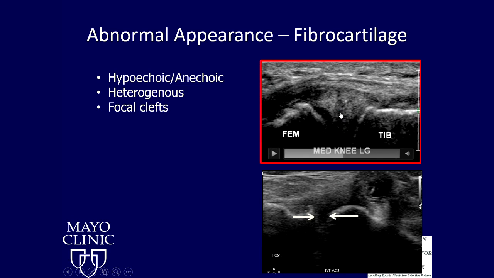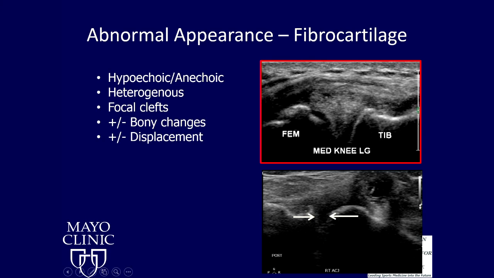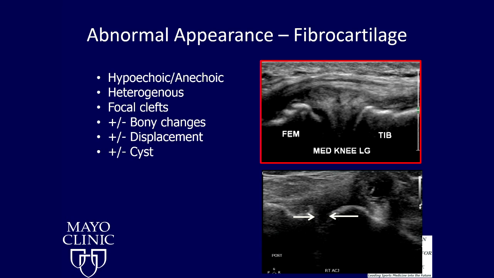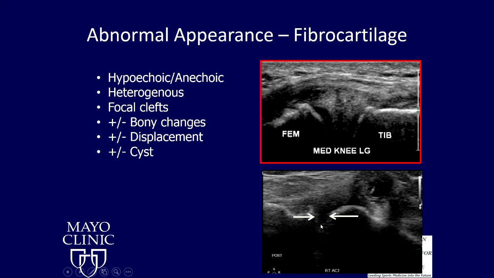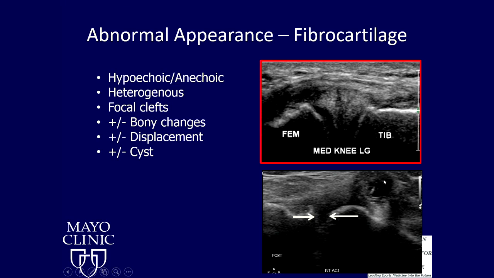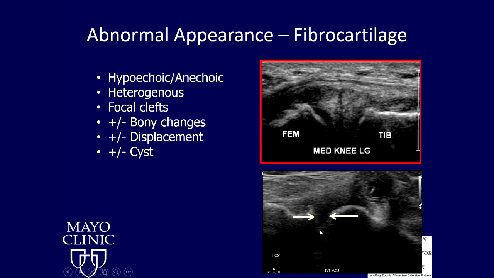Or it can be fully collapsed, and you might see periarticular bony changes, such as hypertrophic osteophytes from somebody who has osteoarthritis. You may also see periarticular cysts. Here's somebody who has an AC joint that's significantly arthritic, and you can see a cyst all the way over in this area with the pedicle of the cyst coming back to the AC joint in that area.